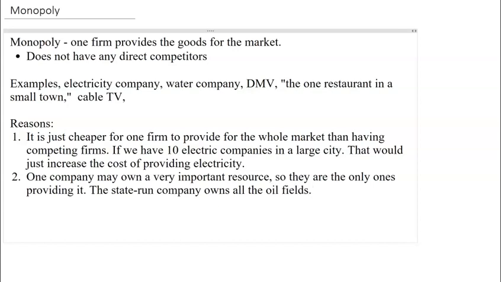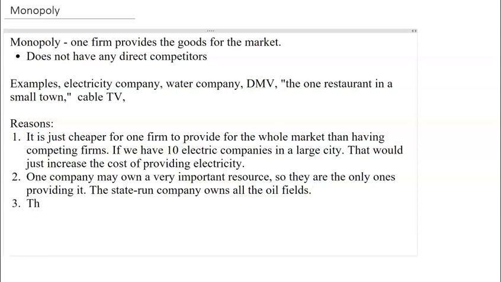In that case, they are the only ones selling oil to the people. Or instead of the state-run company, it could be a private company. One private company basically owns all the oil fields in that country, and they are providing the gasoline to every single individual in that country.